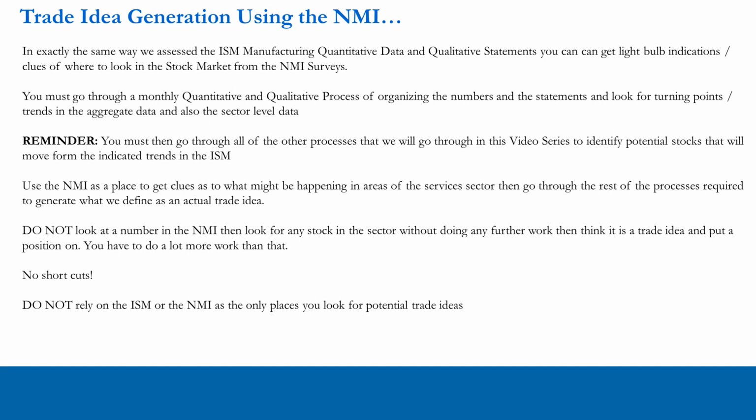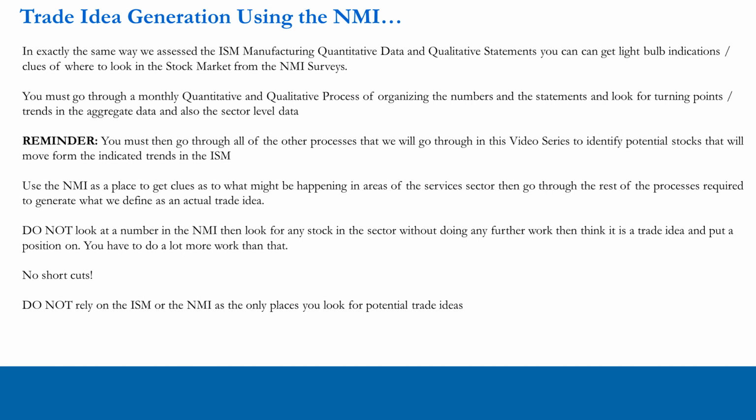We're taking quantitative data and qualitative statements to enable light bulb indications or clues as to where to look in the stock market to get potential trade ideas. You have to go through a monthly quantitative and qualitative process of organizing the numbers and statements and look for turning points or trends in the data, not only at an aggregate level, but also at the sector level.